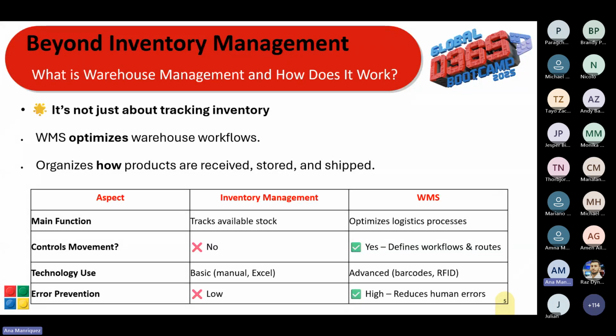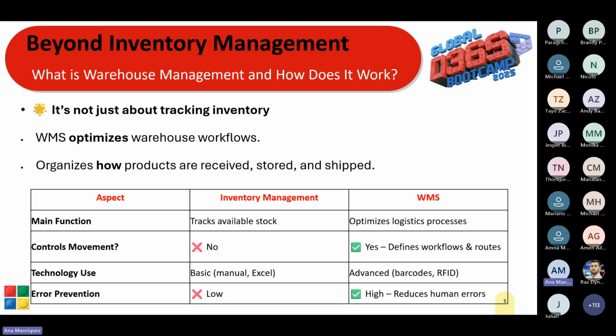It's all about movement, efficiency, and optimization. Think of it this way. Inventory management is like keeping a list of everything the store has, making sure products are accounted for somewhere in the store. But WMS is about organizing and optimizing how products are received, stored, and moved inside the warehouse.